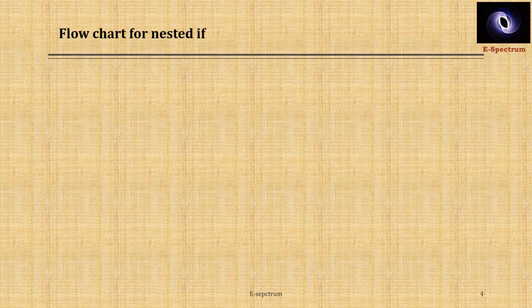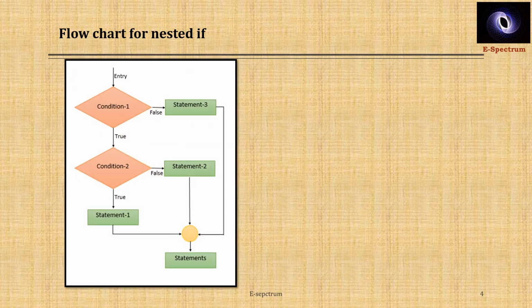Now, it is possible that you may be required to check multiple conditions also. In that case, you will go for nested if conditions. So here you have the entry point. I am checking condition 1. If my condition 1 is true, again I am checking in that whether condition 2 is also satisfied.